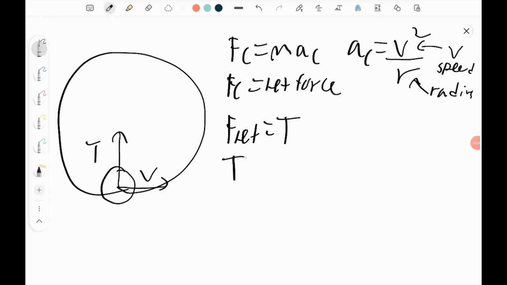And because that tension is what causes the ball to move in a circle, we can set it equal to the centripetal force, which is equal to m times v squared divided by r. So keep in mind, the centripetal force is not a particular force. It is a net force, or a sum of forces, that act on an object.